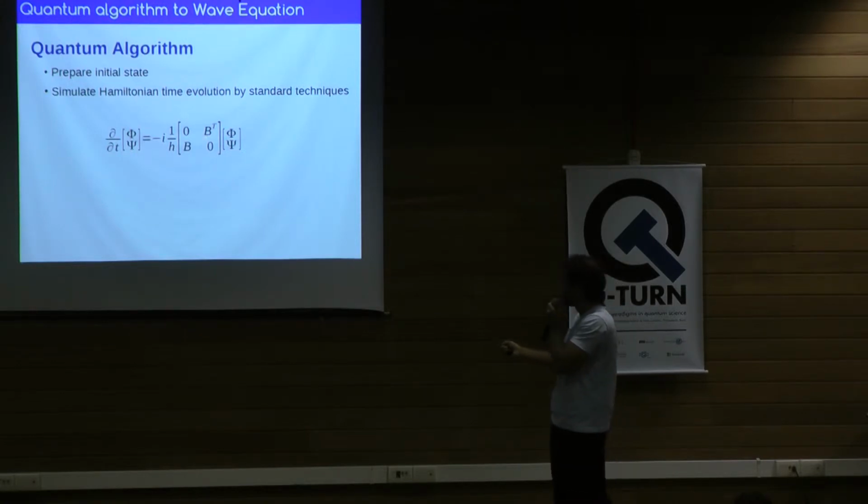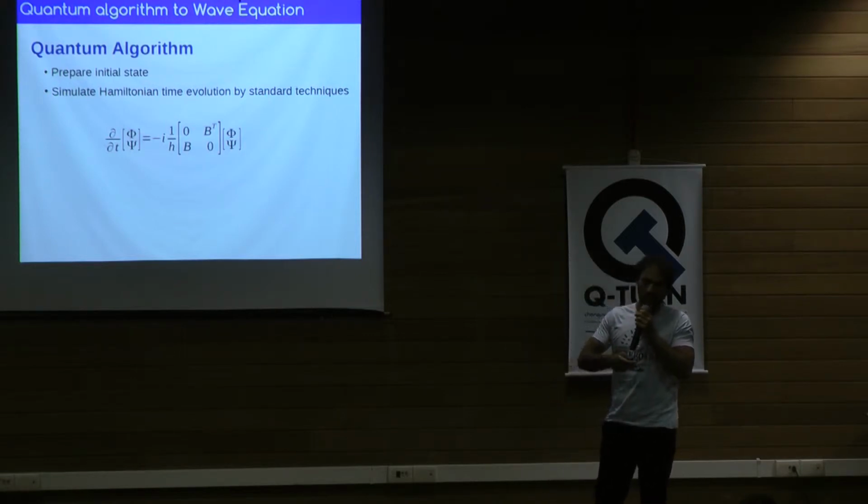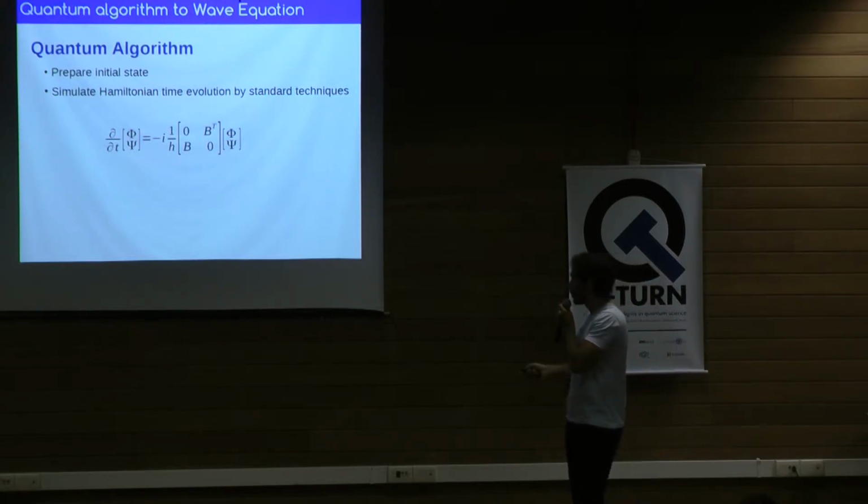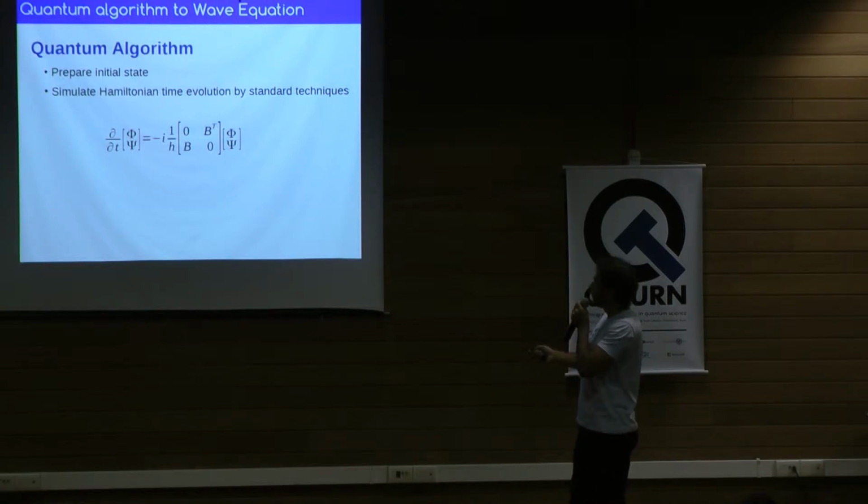Now here we are working with this block matrix, and then this B here, this incidence matrix. I'm talking quickly and superficially about this algorithm, but these two subspaces are related to the vertex subspace of the Hilbert space and the edge subspace.